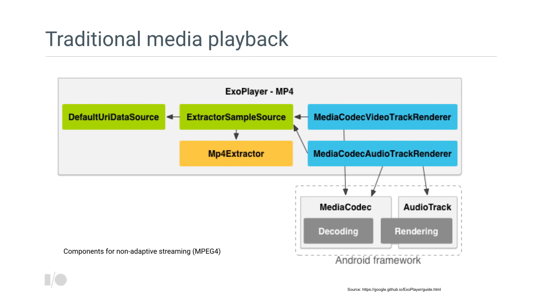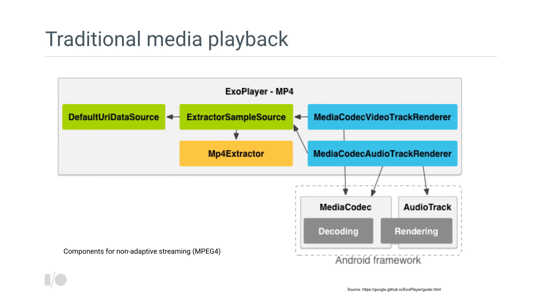Each of those track renderers is now dependent on an extractor sample source. This extractor sample source uses an extractor. In this case, it's an MP4 extractor, which knows how to extract audio and video data out of this MP4 container, then passes the sample to the extractor sample source, which again passes it to the track renderers for rendering.